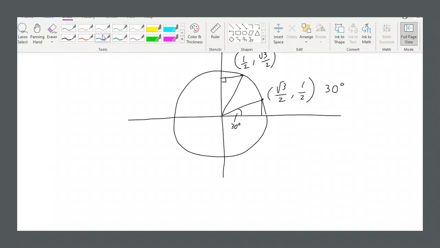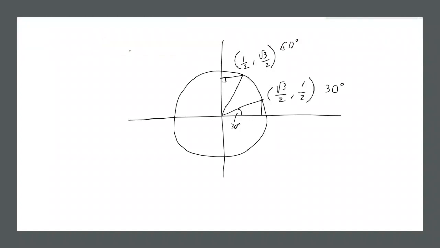And then you have the first special triangle we talked about, which corresponds to 45 degrees, and its coordinates are root 2 over 2, root 2 over 2. Everything else is just reflections of these in the other quadrants.